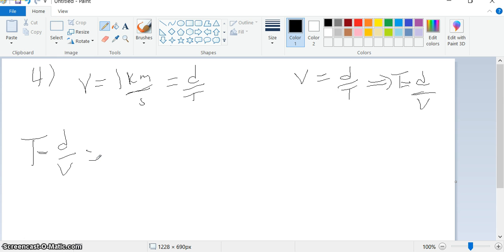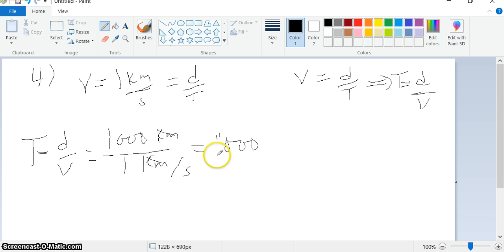The distance is 1,000 kilometers, and they give us a velocity of 1 kilometer per second, and so the kilometers cancel, and the seconds go up to the numerator, so it's 1,000 seconds. So it takes this thing 1,000 seconds.